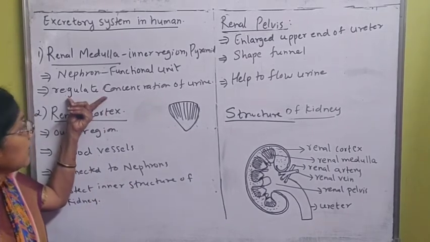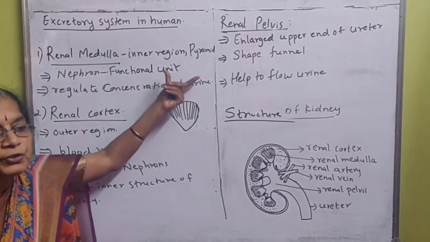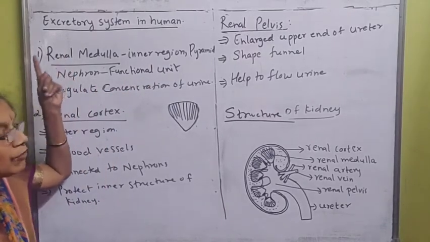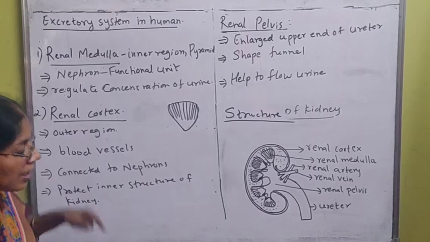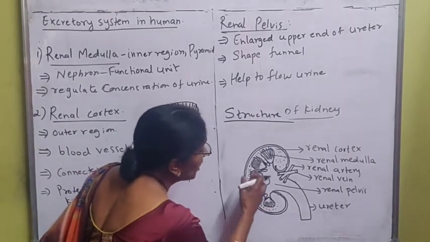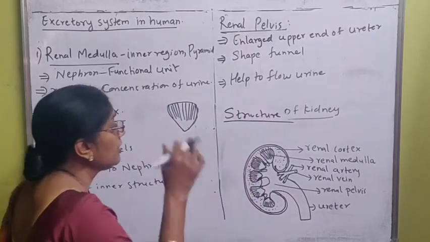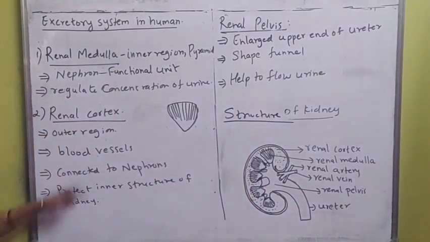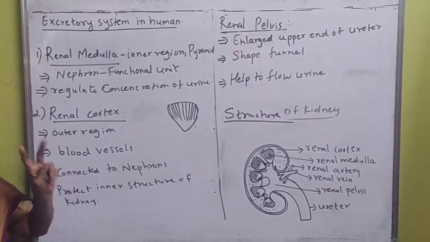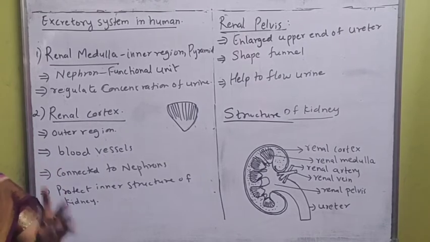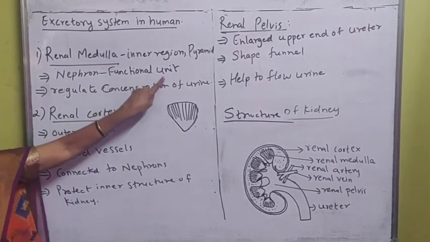So it regulates the concentration of urine. That is the main function of the renal medulla. So all these pyramid shapes you see are renal medulla, and in each renal medulla numerous nephrons are there. And what are these nephrons? They are the functional unit of the kidney.